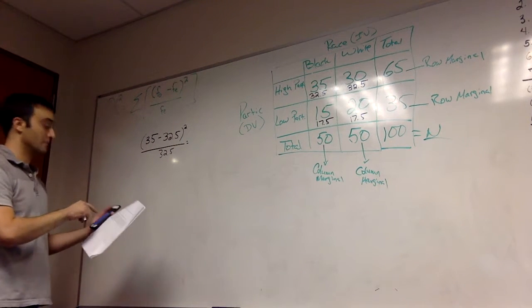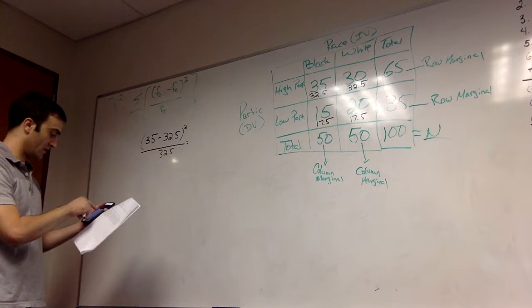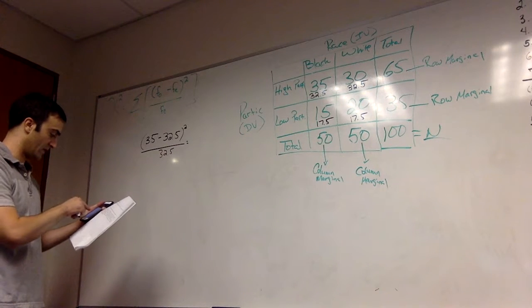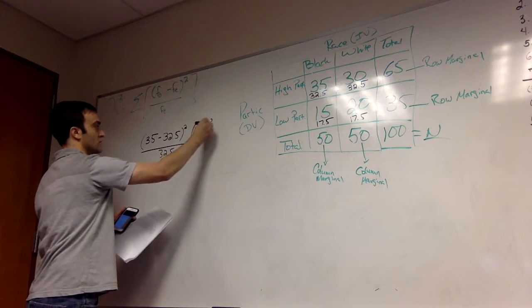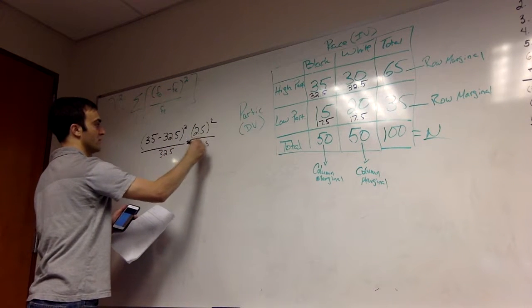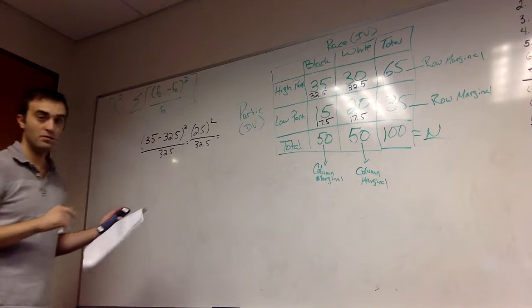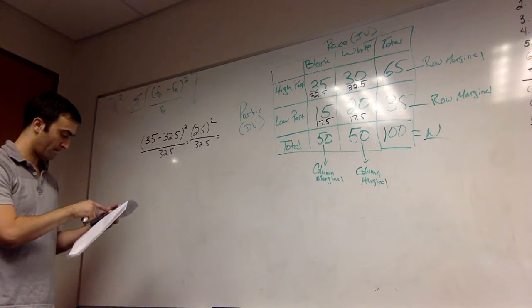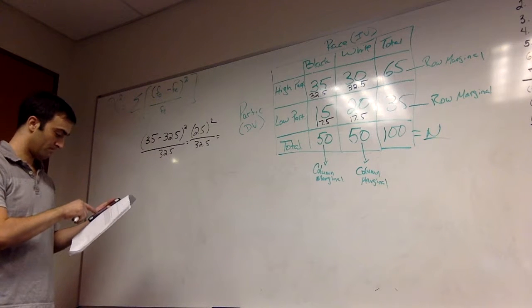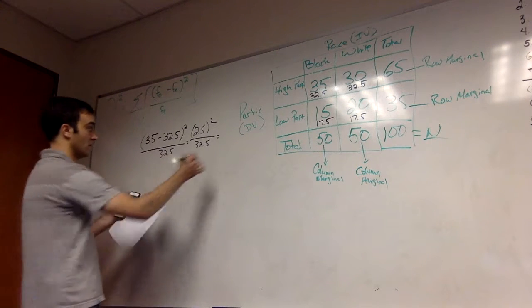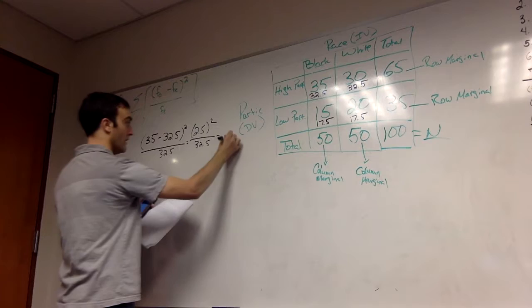So you will get 35 minus 32.5, 2.5 squared over 32.5. You get a 0.19.